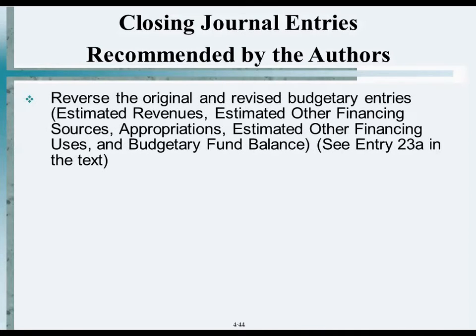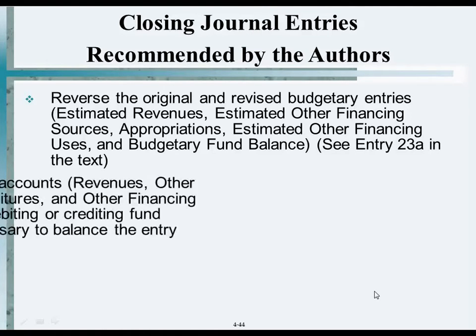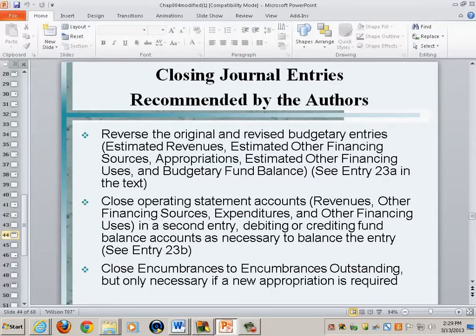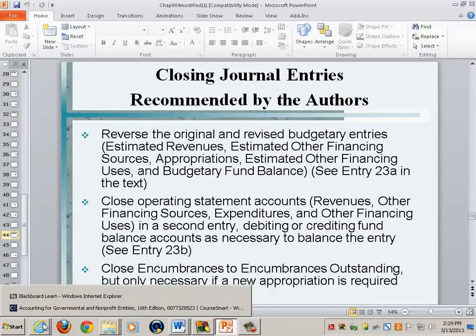Okay. Now let's take a look at the closing journal entries. And what I'm going to do is kind of show you what happens here. Let me see if I can find this in the book. So we've had all these transactions.